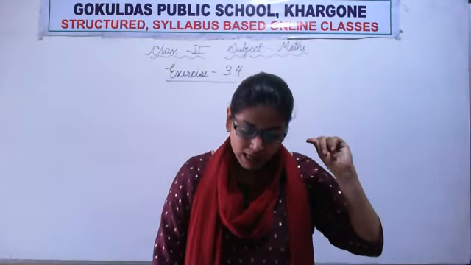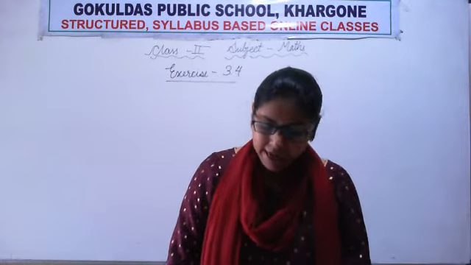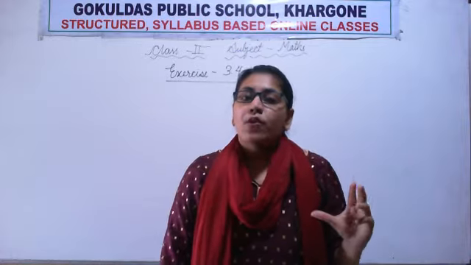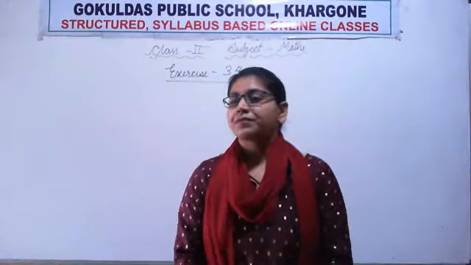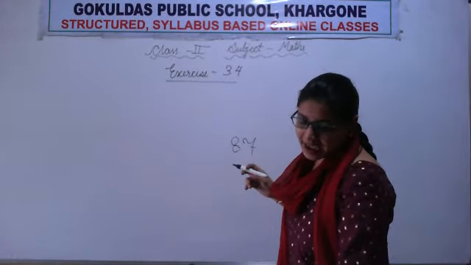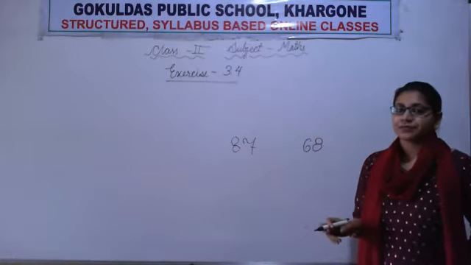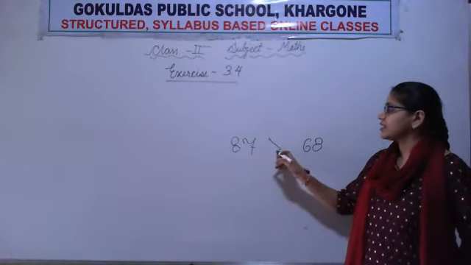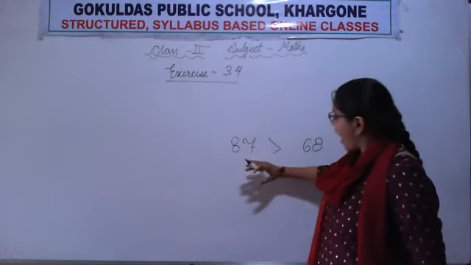The number one is whose score was higher. So 68 and 87. Which number is bigger? Very good, 87 is the bigger. Means Anisha scored higher points.